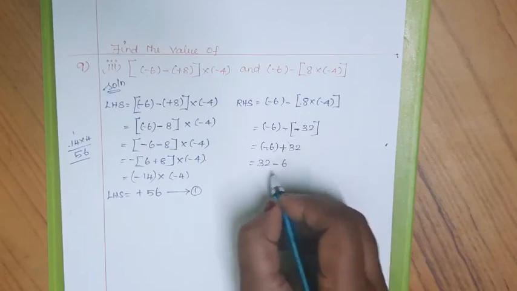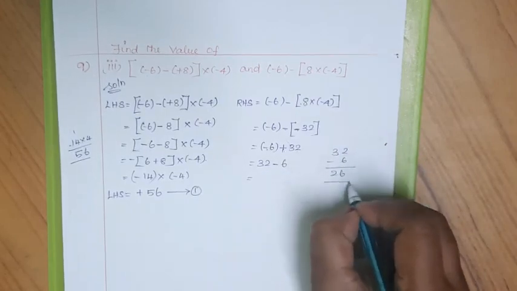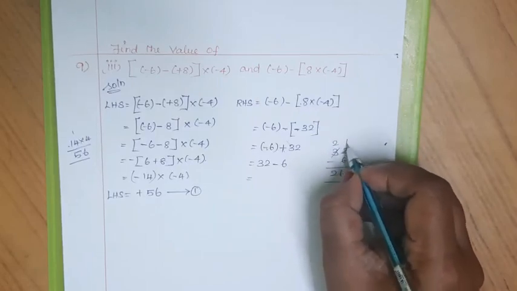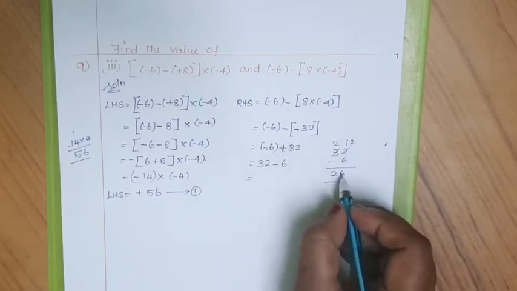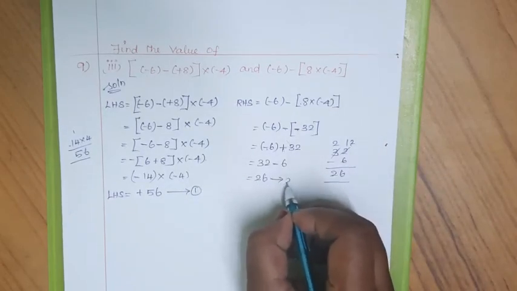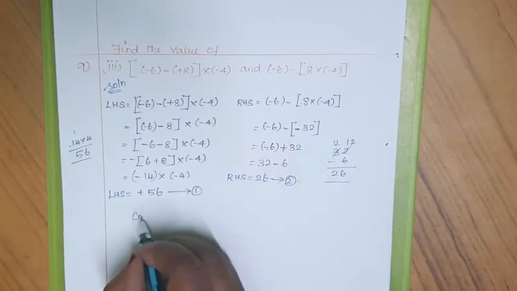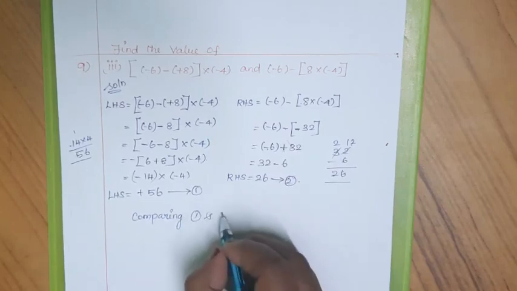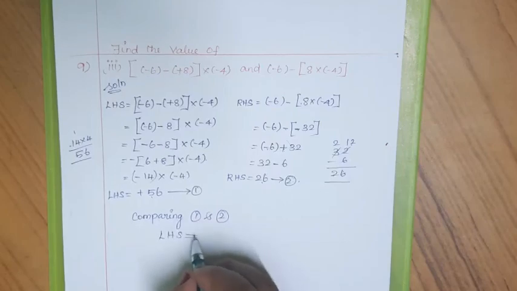Therefore the subtraction can be written as 32 minus 6. Subtracting 6 from 32 we get 26. Therefore the right hand side is equal to 26. Comparing 1 and 2, both the numbers are different. So the given terms are not equal.